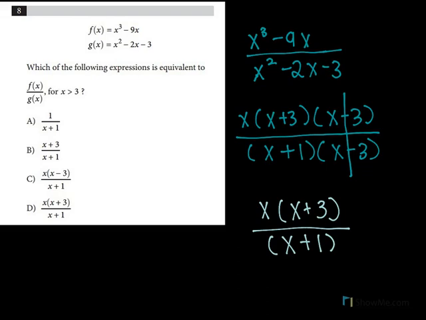And I would say this is the most simplified way, so let's look at our answer options, and choice D is the same answer as ours. So once again, the answer is x times x plus 3 over x plus 1.